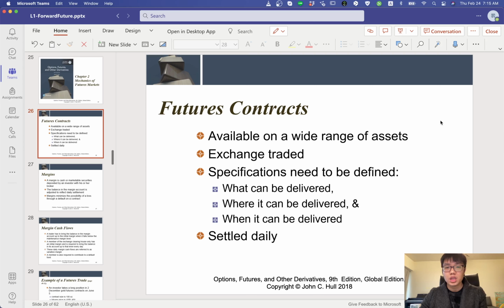For example, it is available for a wide range of assets. It is traded on the exchange, right? The specification needs to be defined. Everything in the contract is very standardized. And the last thing is that the price and the profit and loss of every position, the long positions and the short positions, will be settled daily.